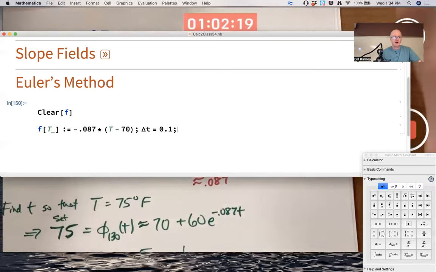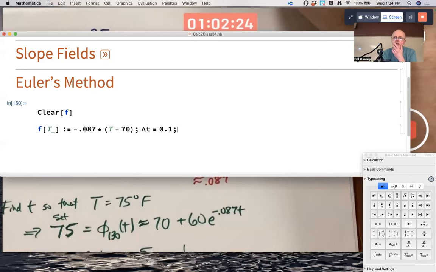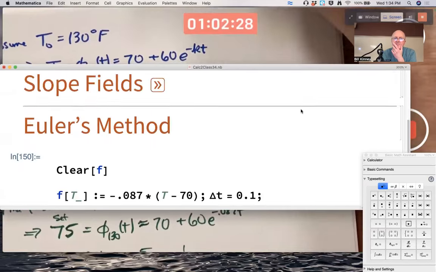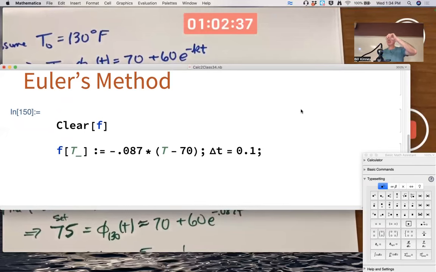Okay, here's the most confusing part. I am about to write down a function which is a function that I want to iterate in Mathematica to get the output for Euler's method, the t values, little t values, and in this case, the capital T values.